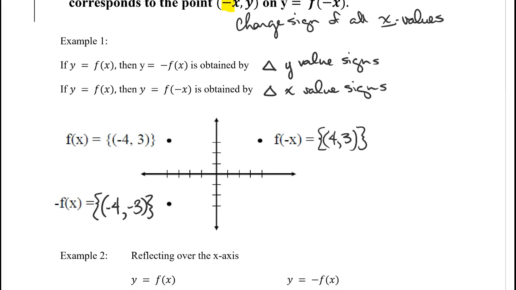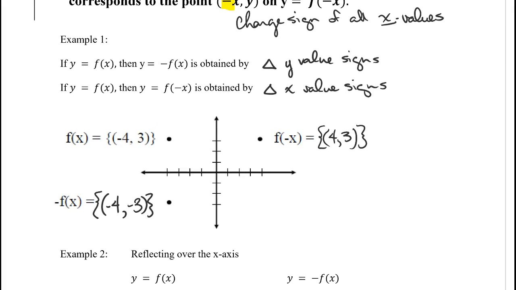That's why this one is called a reflection in our y-axis, because it's going over our y-axis. Whereas this one is called a reflection in x, because we're going over our x-axis.